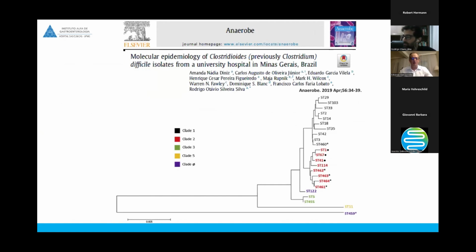But as you look at this genetic analysis, you can see that we have some sequence types just next to ribotype 027, which is sequence type 1. And of this kind of sequence types, 5 of them are new ones, and they produce binary toxin too.